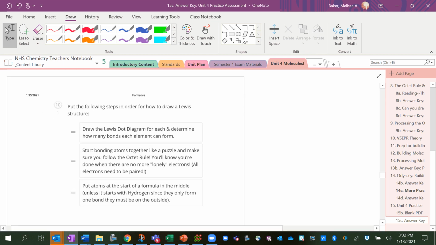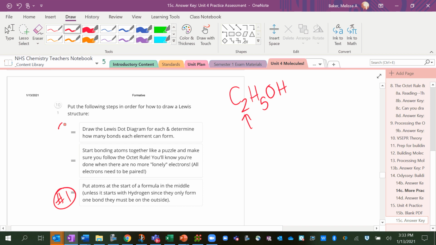Put the following steps in order for how to draw a Lewis structure. Well, step 1 is always put atoms that are at the start of the formula in the middle, unless it's hydrogen. So if you've got a molecule like C2H5OH, for example, you want to put the carbons in the middle.